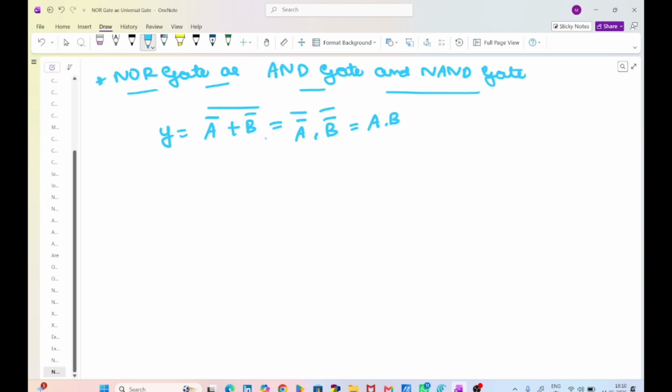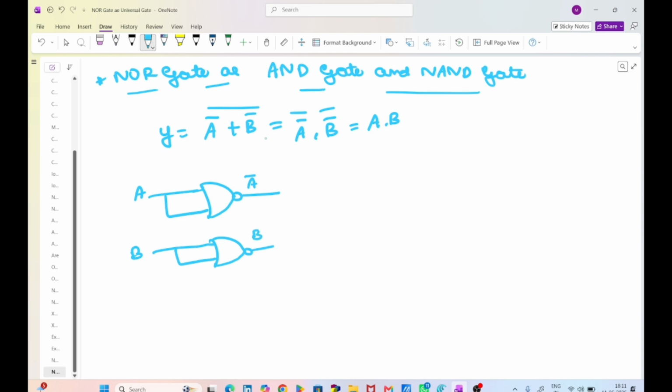Let's write the gates. Let the input be A; the output here will be A bar.